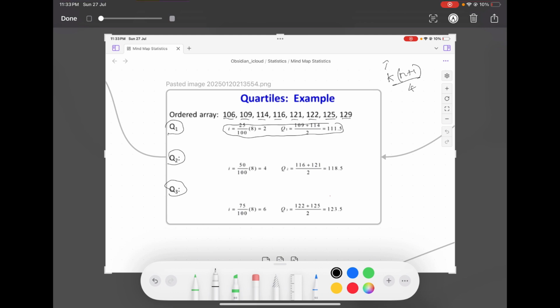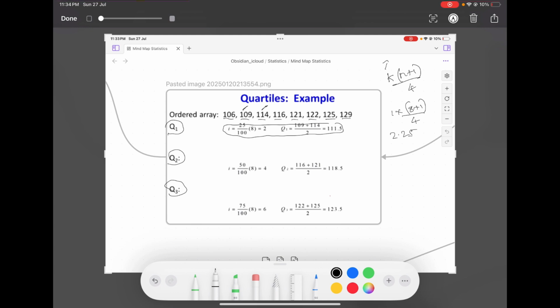k corresponds to the first, second, or third quartile, whichever quartile you want. So for example, if you want to calculate the first quartile, then 1 into (8 plus 1) by 4, so that will be 2.25. Okay. 2.25 means, since this is ordered data, you look at the second position and the third position.